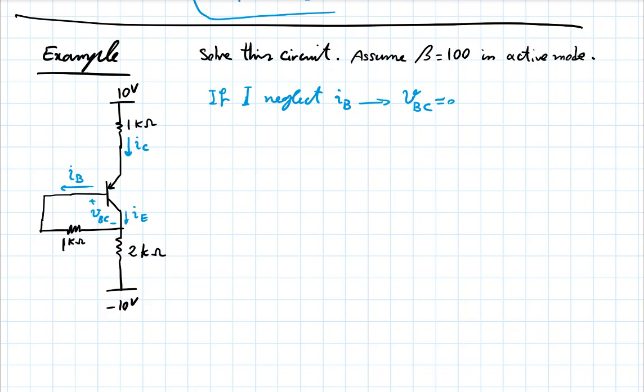What does that tell me for IC and IB, IE? What is this voltage drop? IC and IE would be approximately equal to 10 minus 10 divided by, minus the VCE divided by 1K plus 2K, right? And if VBC is approximately 0, VCE would be approximately 0.7 volts, right?